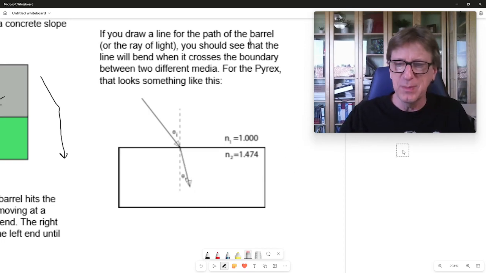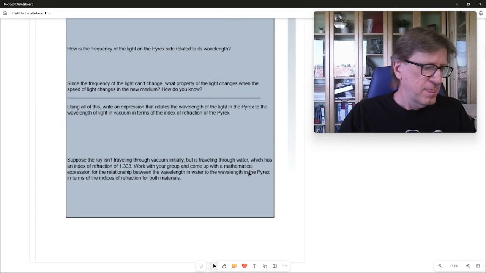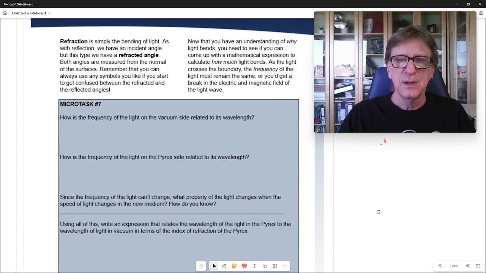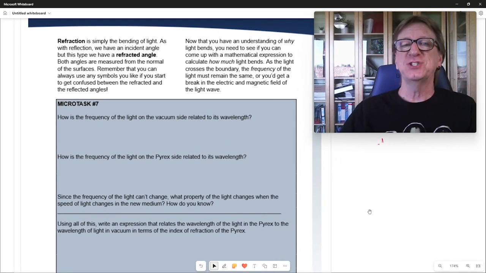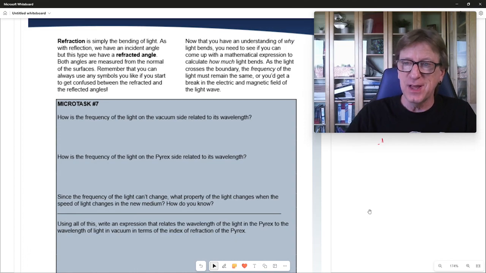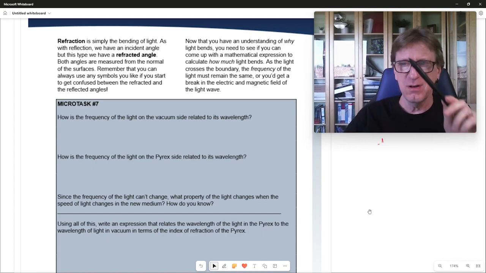All right. So let's see what we can figure out. Let's see if we can come up with a mathematical relationship for that. So we call this process refraction. Refraction literally means bending. And so anytime I have refraction of light, the light is bending. Now, the light wave, the wavefronts themselves are not bending.